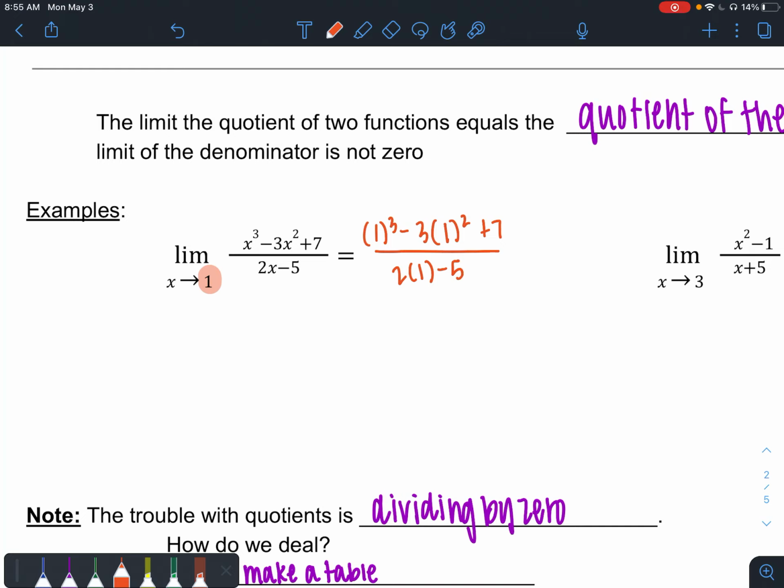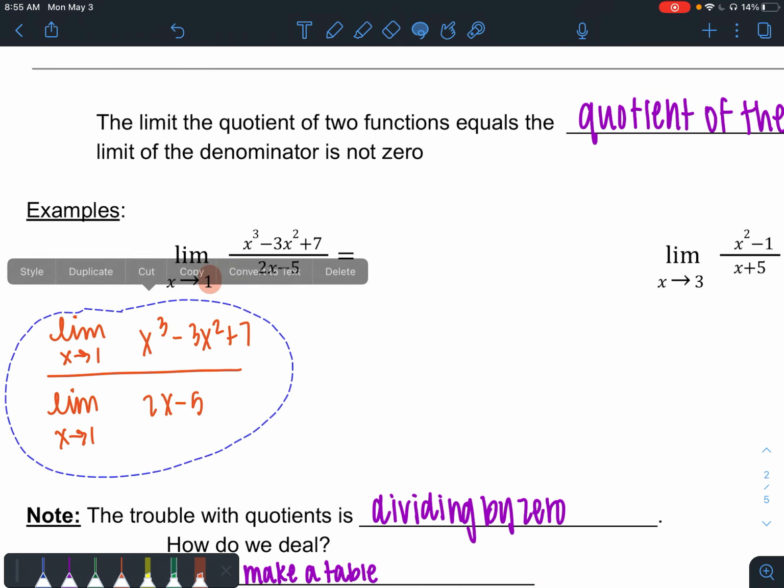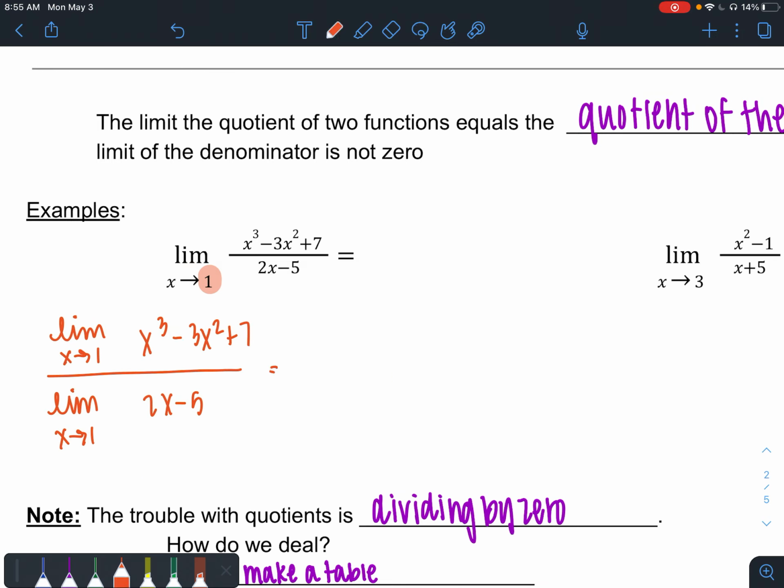Let's actually write this out a little bit better, because this is actually going to be the limit as x approaches 1 of x to the third minus 3x squared plus 7, over the limit as x approaches 1 of 2x minus 5. Each of these is separate, and because we have two separate things, we're able to plug in for x.